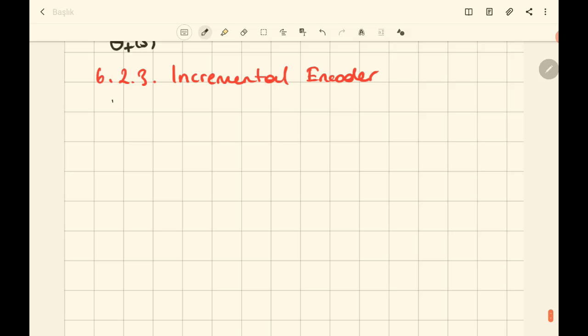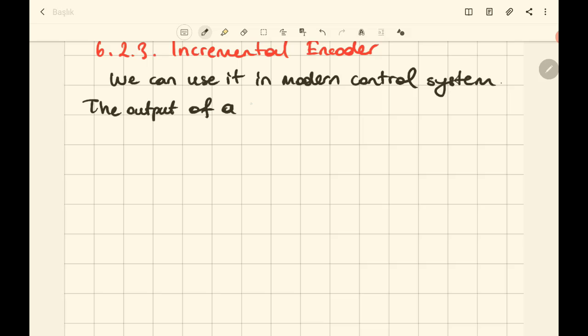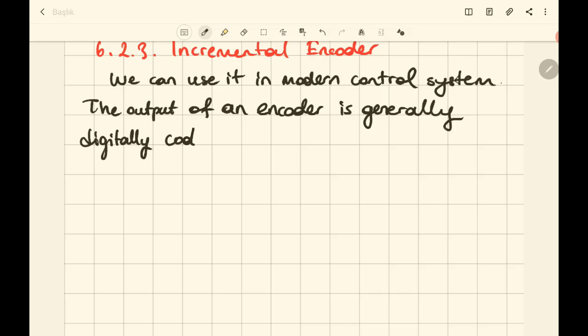So we can say the output will be digital, not analog. The encoders that output a digital signal are also known as absolute encoders. We can use it in modern control systems. The output of an encoder is generally a digitally coded or pulse signal.